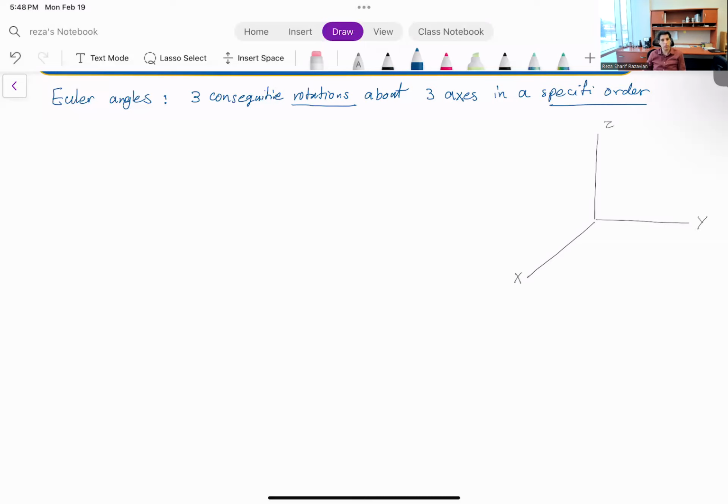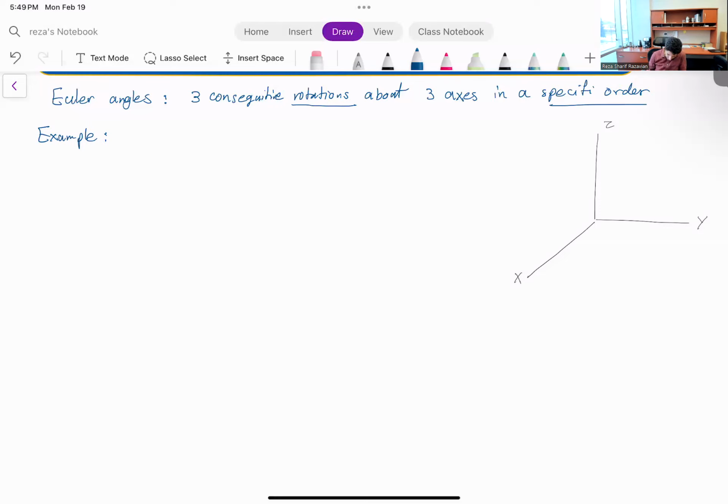So let's look at a specific example. This example is actually part of the educational process here. For every Euler angle set, you need to specify a sequence of rotations and three angles associated with that.